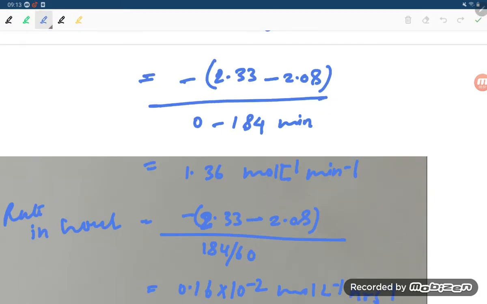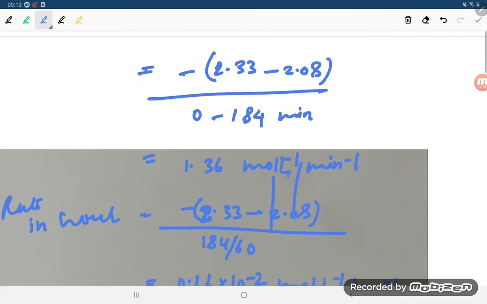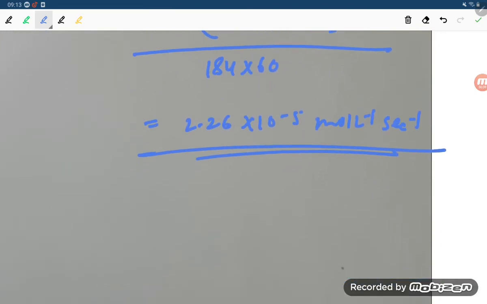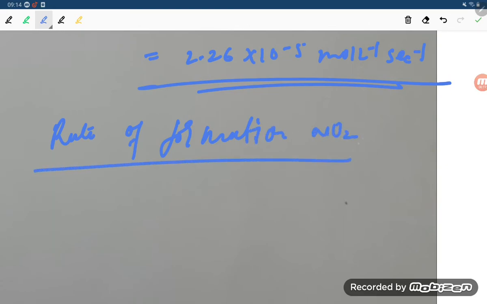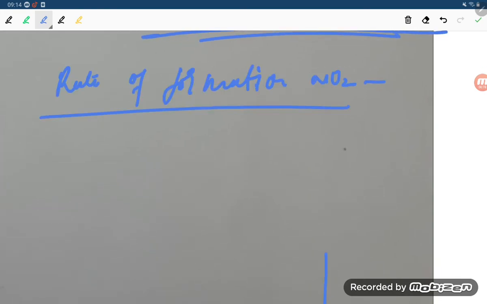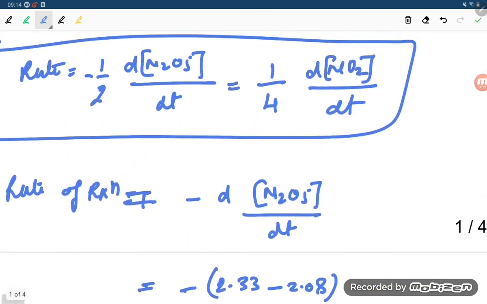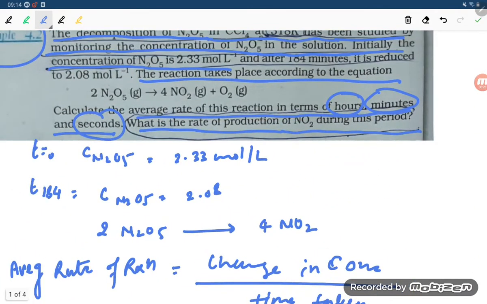Now next, they are asking the rate of formation of NO2, student. So how can you solve this problem? For the rate of formation of NO2, the rate of appearance is equal to the rate of disappearance. You see the equation, 2N2O5 is there.